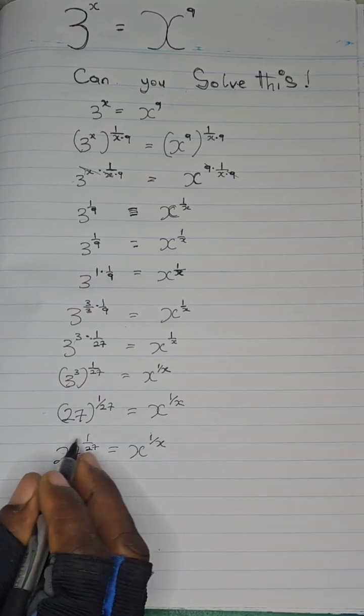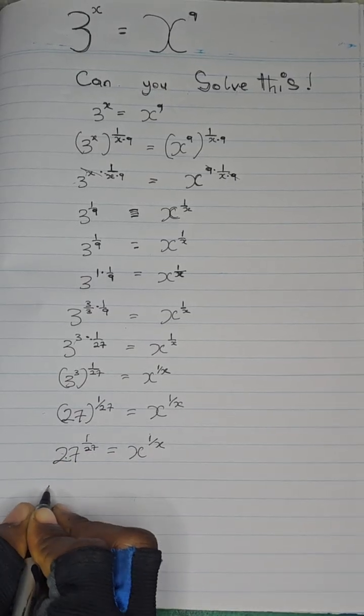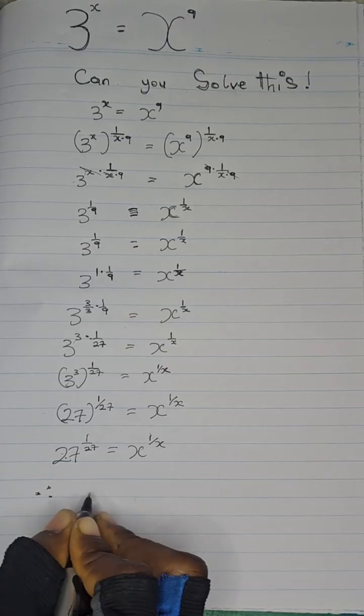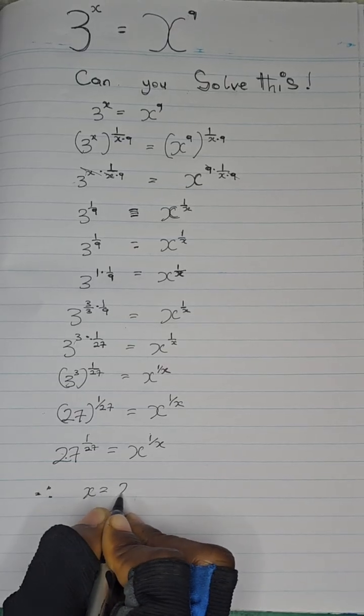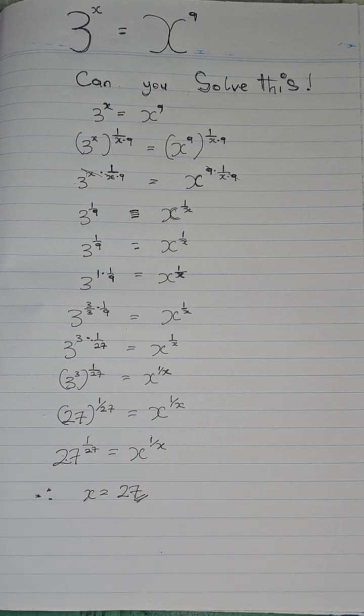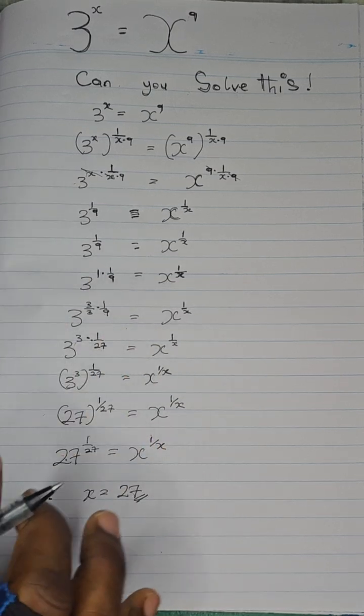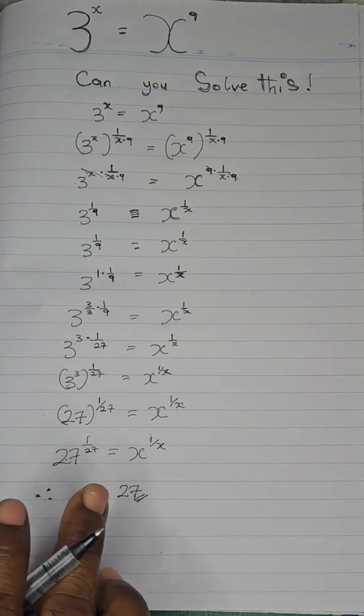Because we have the same pattern here and here, we will now say that x is equal to what? 27. So this is our answer to this question using our shortcut, where we try to manipulate it to get both of them to look like each other and get the answer.